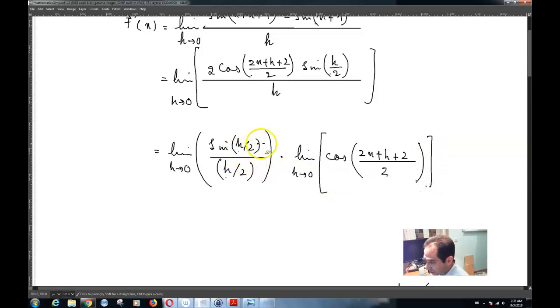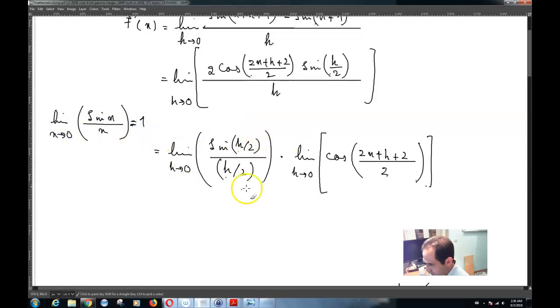So we said that the limit of sine x by x when x tends to 0 is equal to 1.